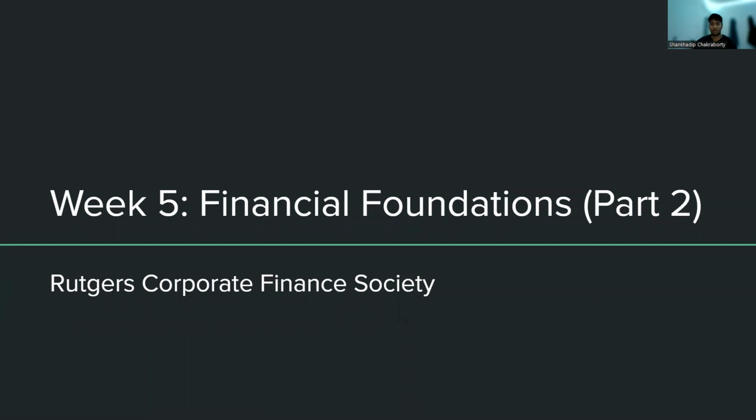So what we're going to look at today is part two of financial foundations. Now, we started this topic last week. For those of you who were here last week, you may remember that we did an Excel demo going over some of the different valuation methods of different projects, going over weighted average cost of capital, net present value, payback period, all those different ways of finding out which project is more or less profitable than the other.